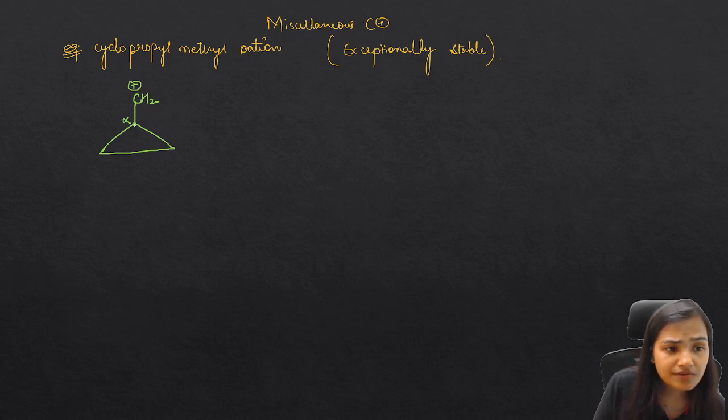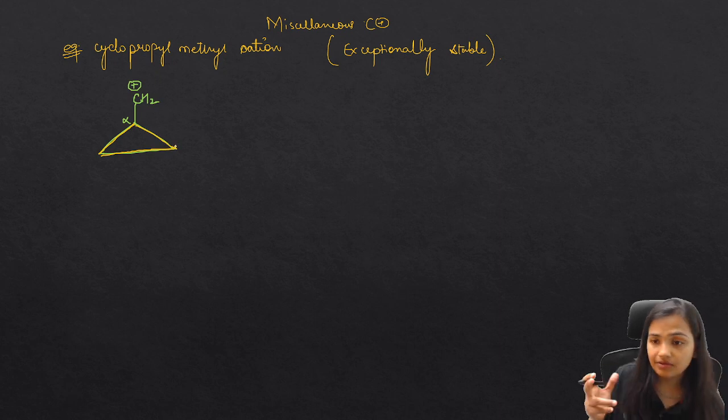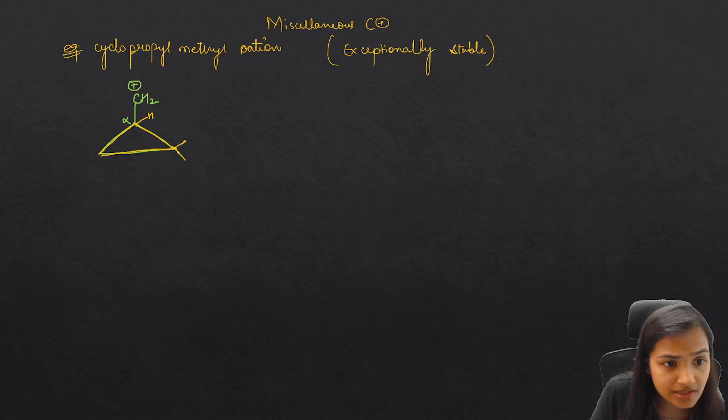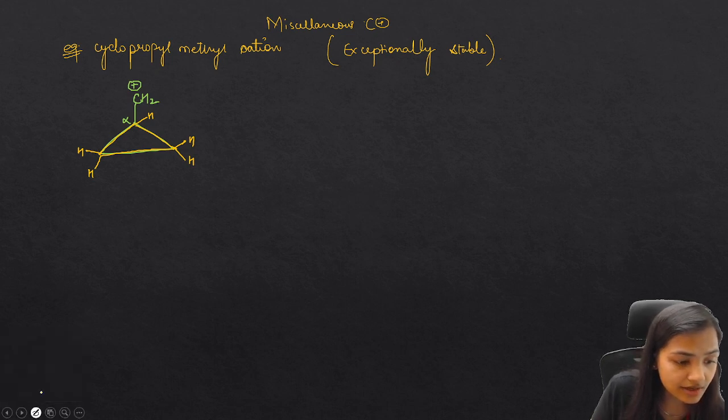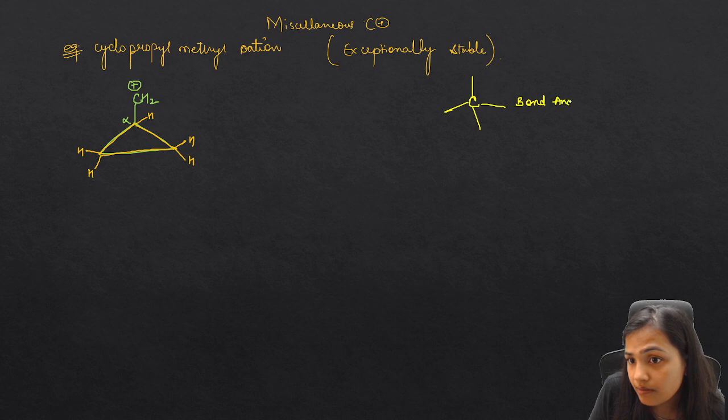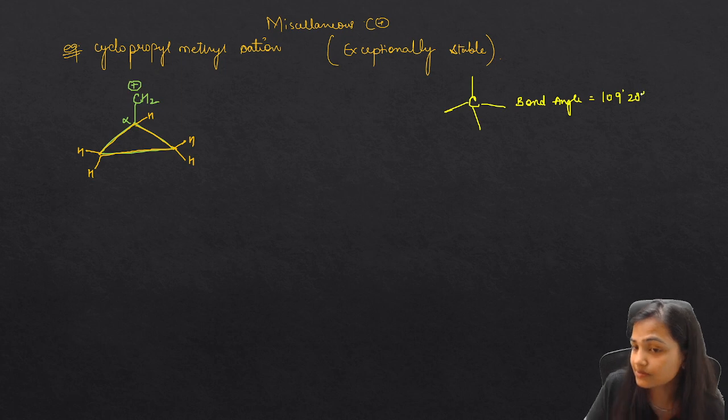Now if you look at the cyclopropyl ring, these are all carbons which are sp3 hybridized, each with hydrogens. A carbon when it is sp3 hybridized usually has a bond angle of 109 degree 28 minutes, right?